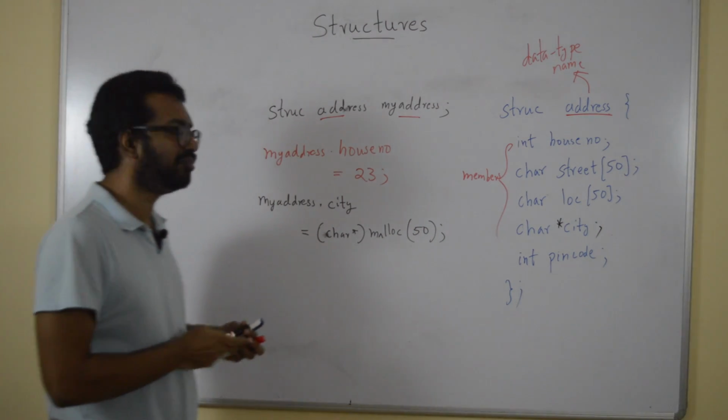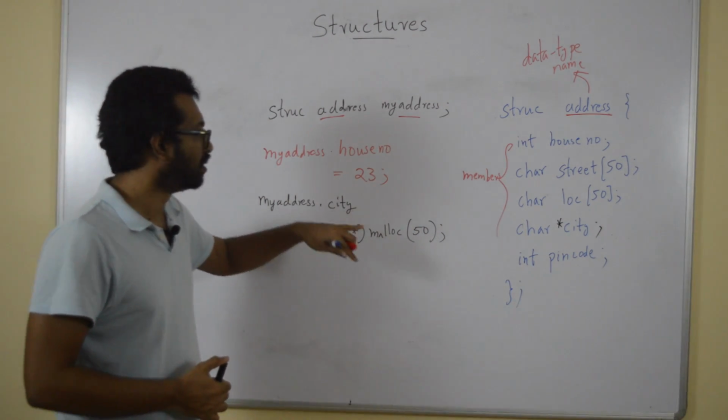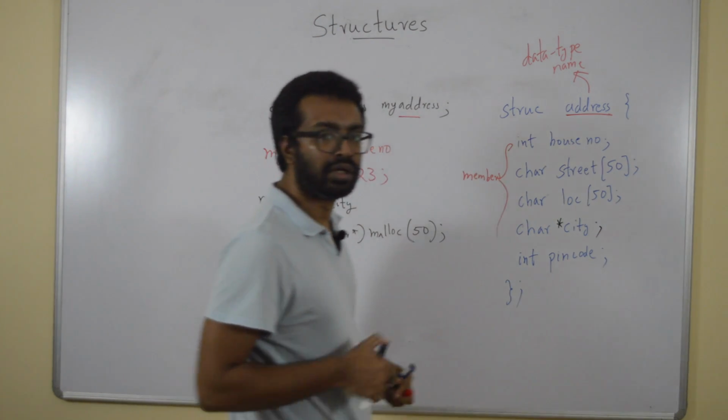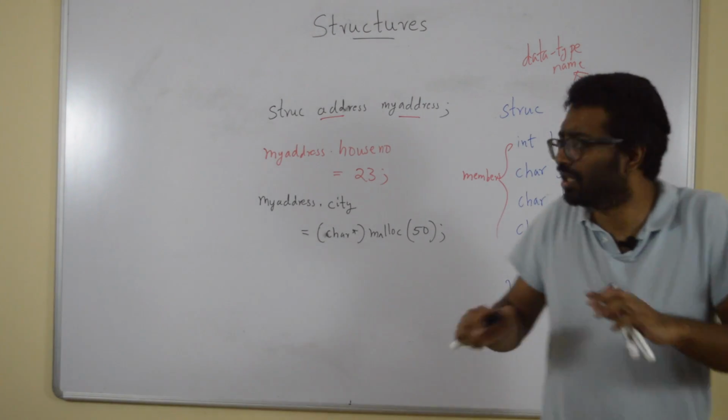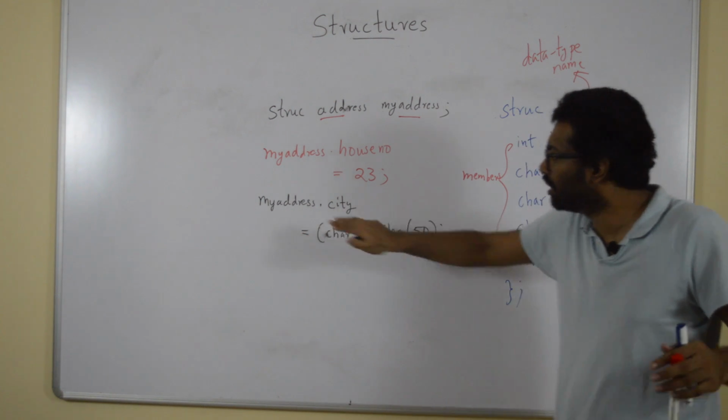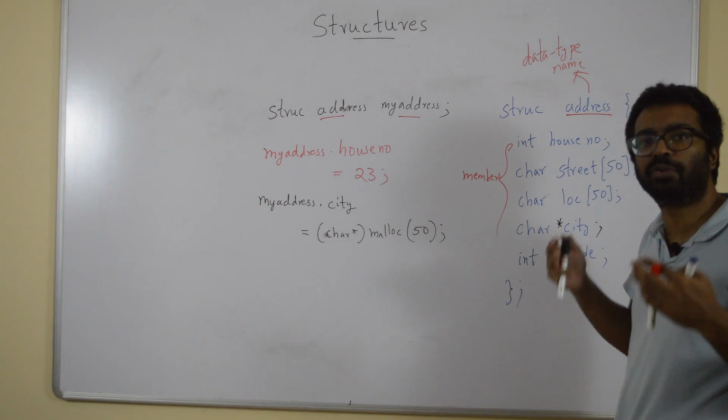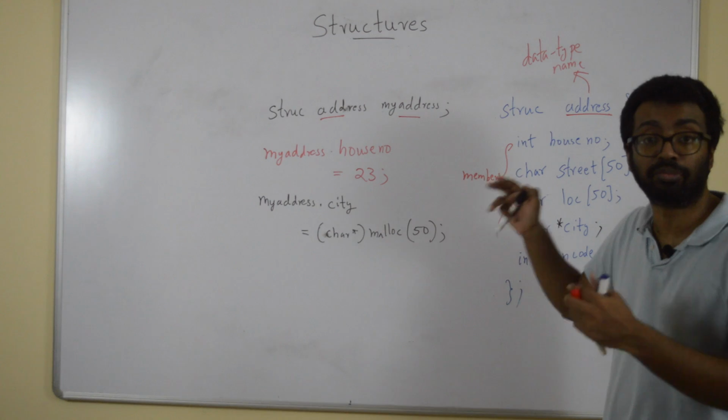I just allocate 50 bytes to city. So I can use it just like any other pointer to a character variable.